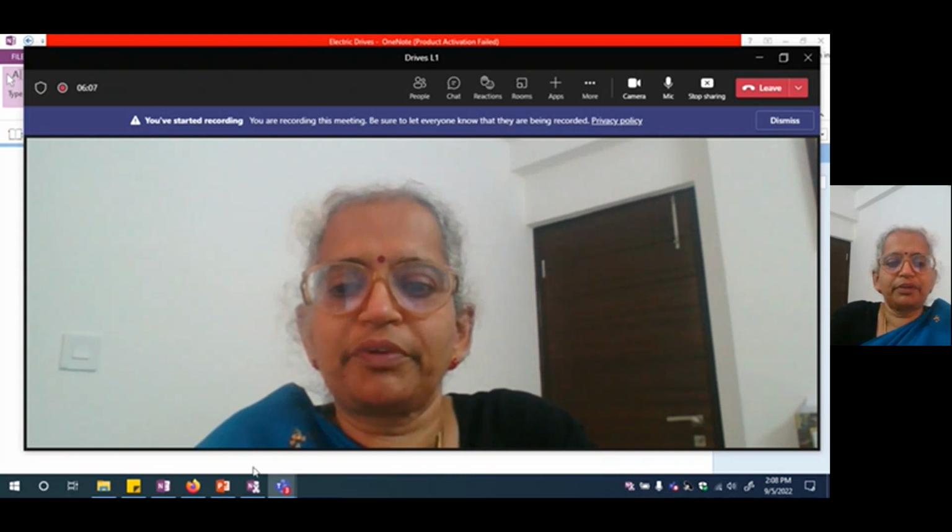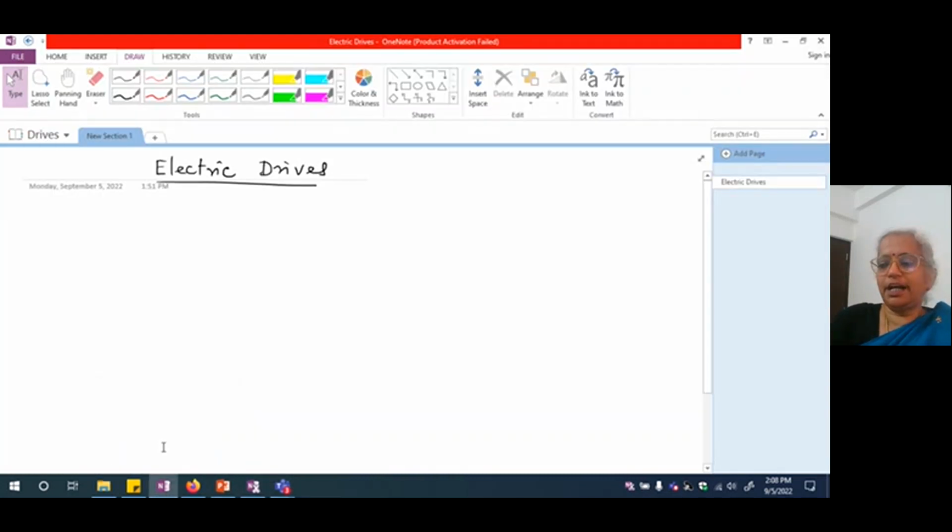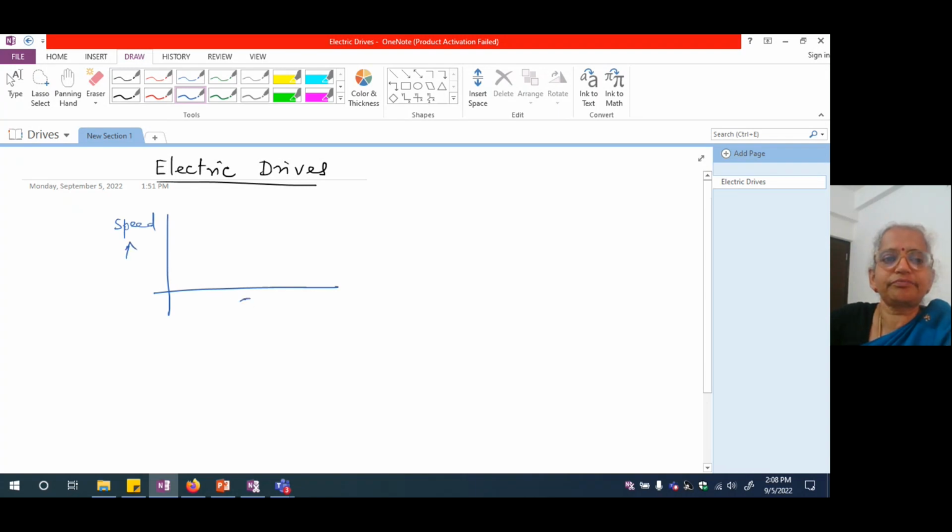For example, if I am looking at a separately excited DC motor drive, the speed for a given torque is actually predetermined. At no load condition, which is the zero torque condition, it is going to have a speed which is omega no load.